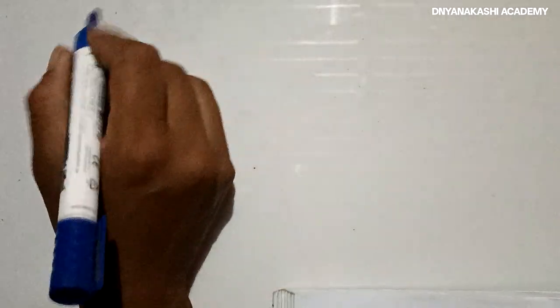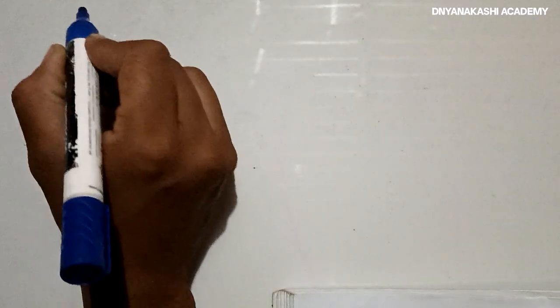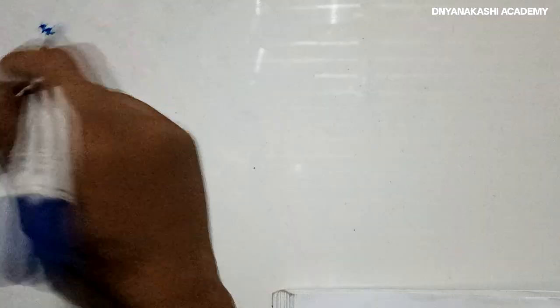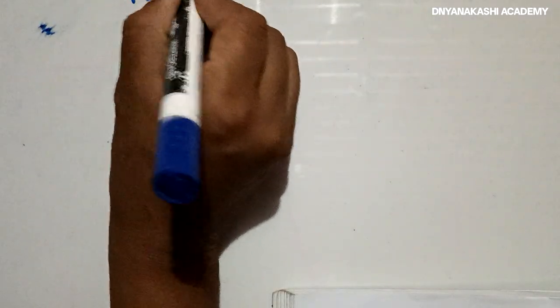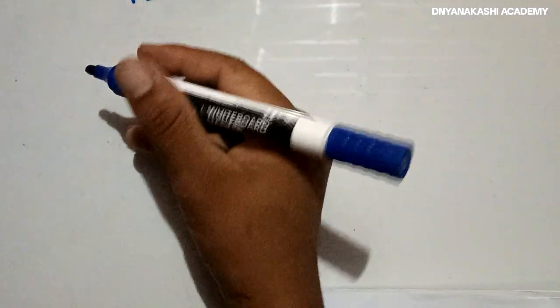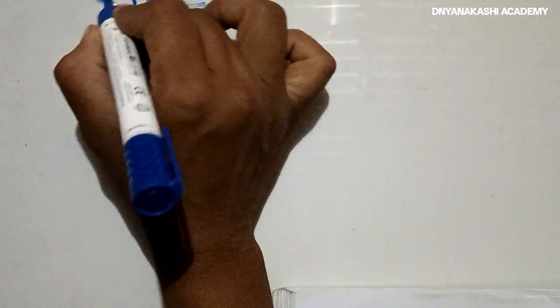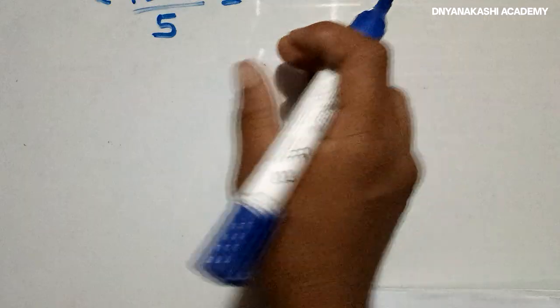Given this data, how can we solve? The total cost of 5 pairs of socks is 1250.